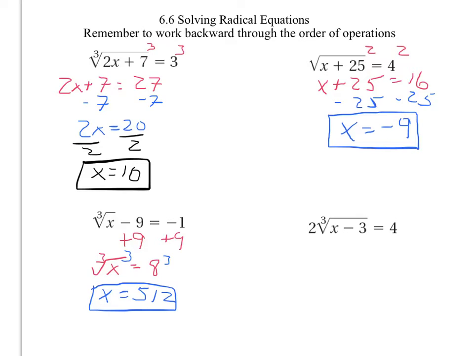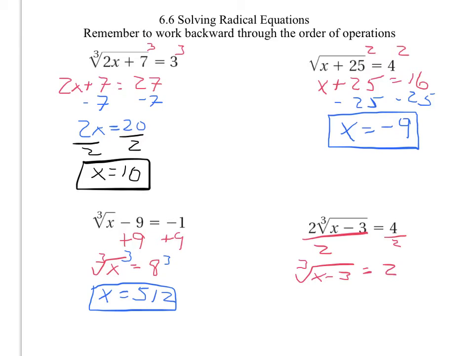Alright, the fourth one, we want to get underneath that radical, but before we can, we have to get rid of that 2. We're still working backwards through the order of operations. So go ahead and divide both sides by 2 first. So now we have the third root of x minus 3 equals 2.